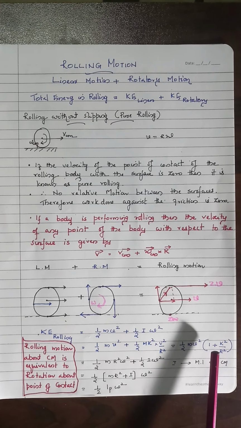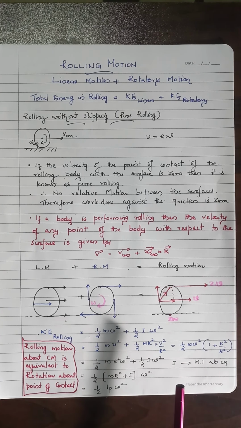Keep in mind, the k square by r square term reveals the nature of the body. For a ring, m k square equals m r square, so k square by r square becomes 1. But for a solid sphere, k square by r square takes the value 2 by 5.